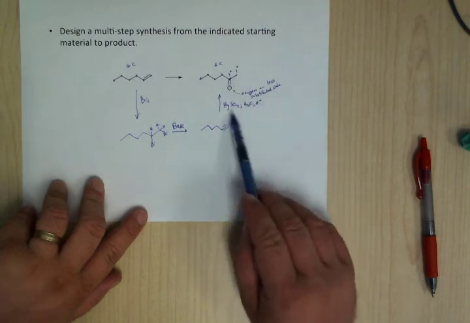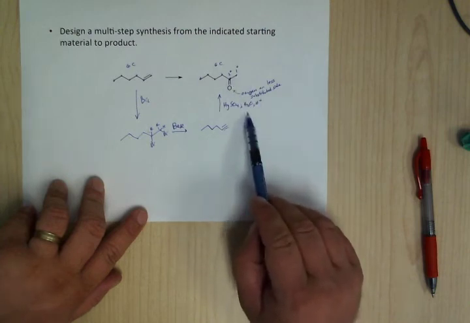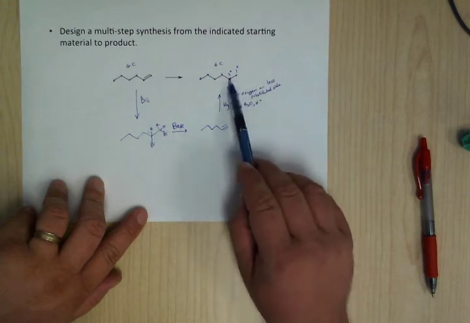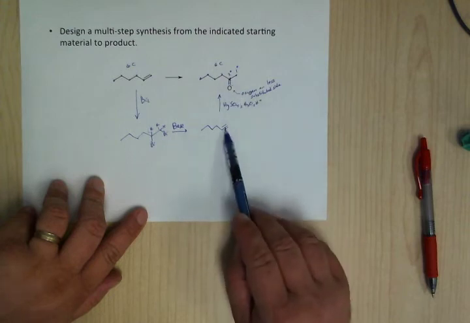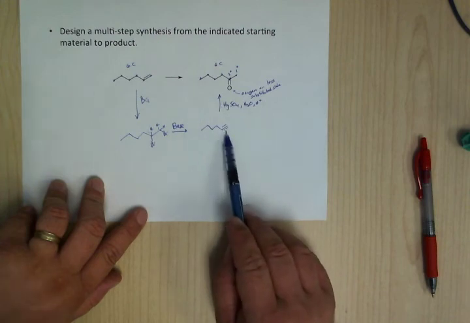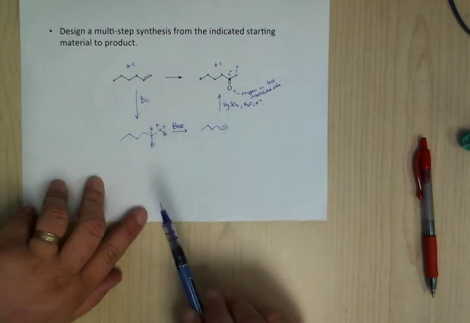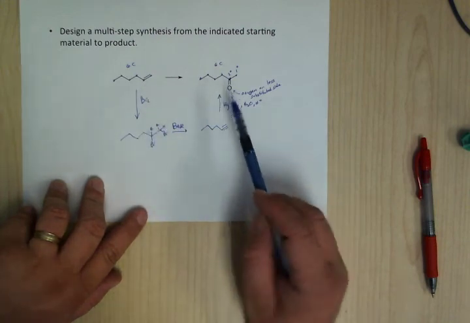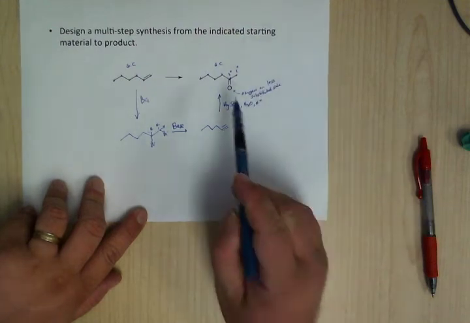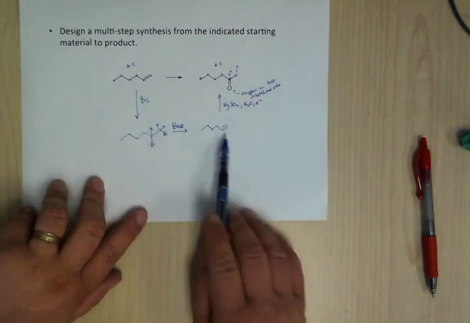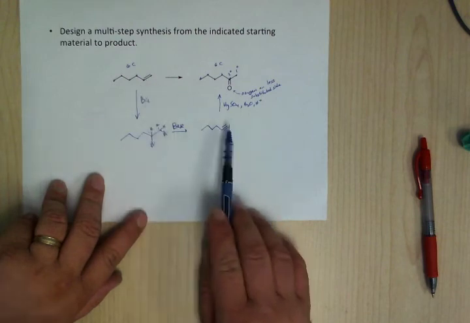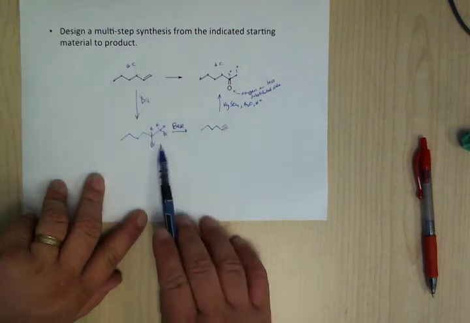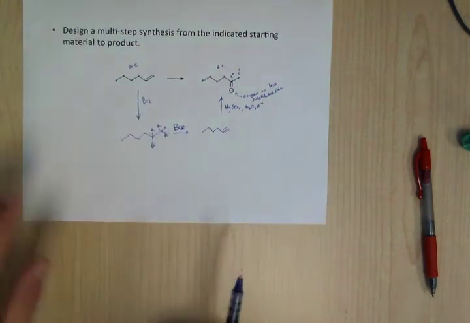We have to do that using the oxymercuration. There's a couple other ways that you could do it too, but this is a halfway decent one. As long as it's valid, you're fine. Once you get to here, then you can see how do I go from a double bond to a triple bond. Well, we go here to there. Here we go.